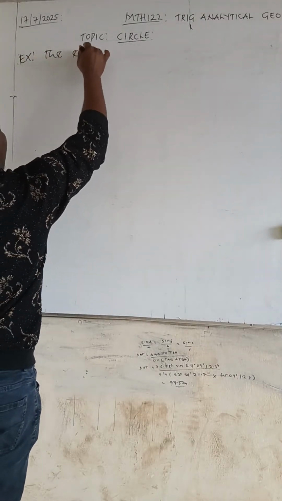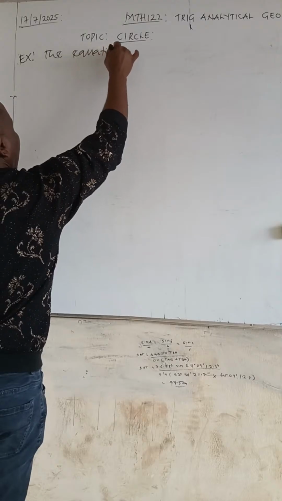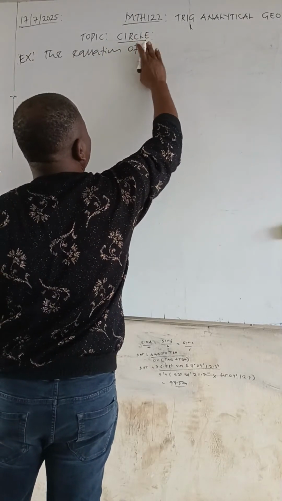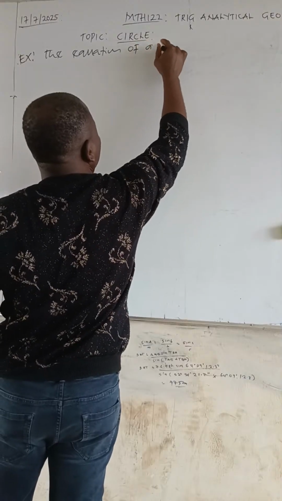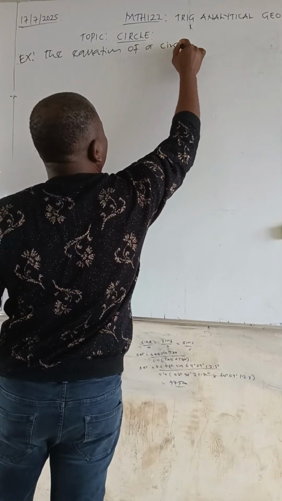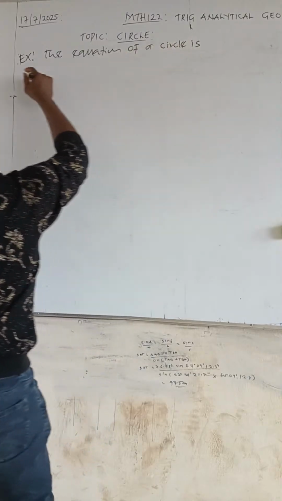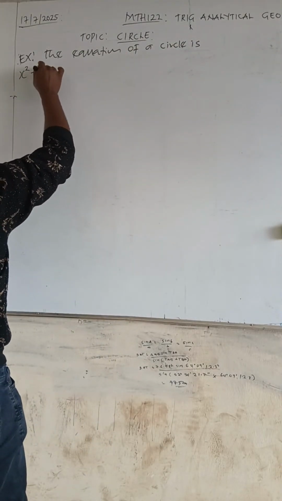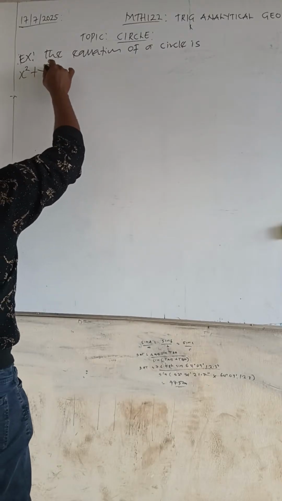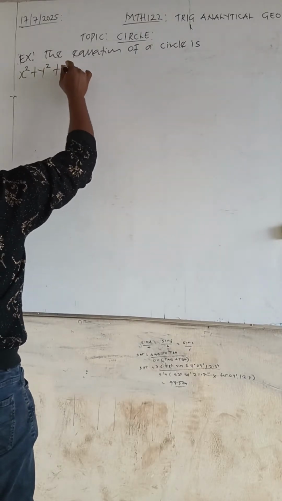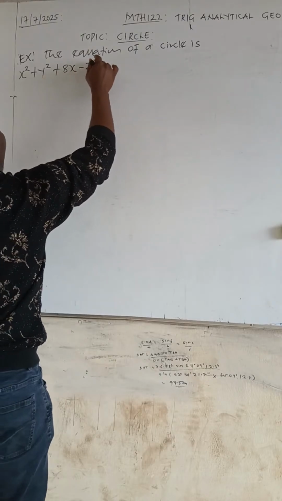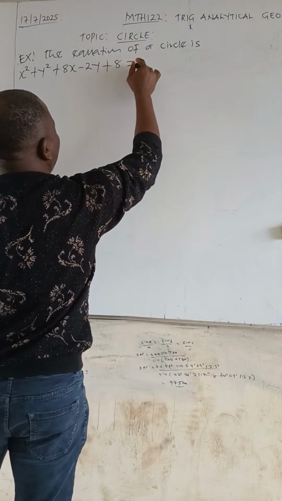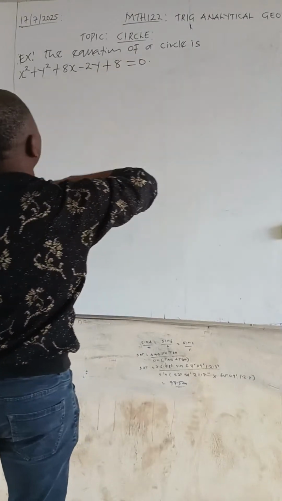The equation of a circle is x squared plus y squared plus 8x minus 2y plus 8 equals to 0, right?